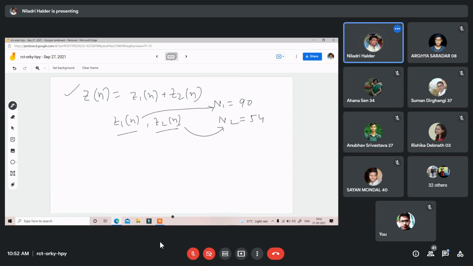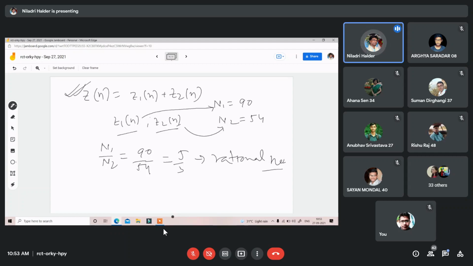So simply, what is the period of that signal zn? N1 by N2, 90 by 54, that is 5 by 3. So it is a rational number. It is proved that it is periodic.